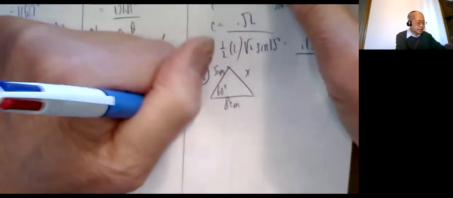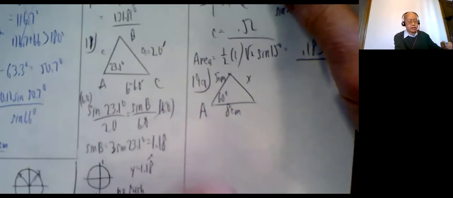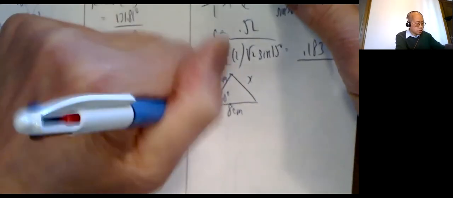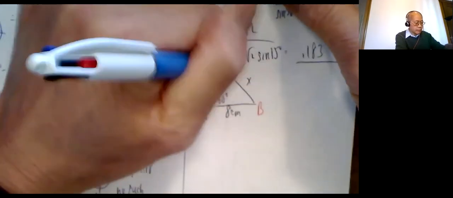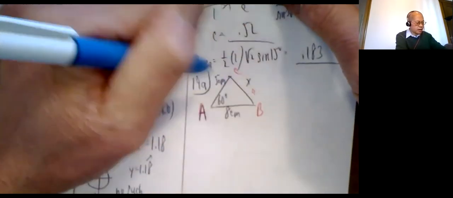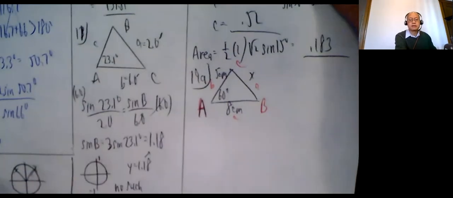So why don't I just sneak in the letters that I'm used to? Capital A, capital B, capital C, little a, little b, little c.